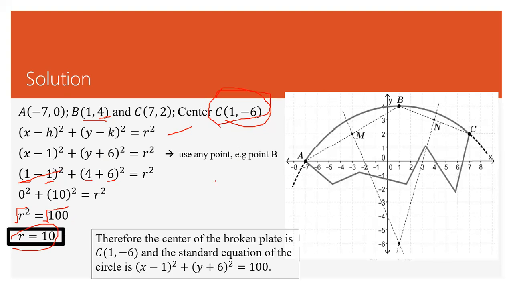So ang center is 1, negative 6, and radius is 10. So the standard equation of the circle is x minus 1 quantity squared plus y plus 6 quantity squared is equal to r squared, or 10 squared, or 100. It's equal to 100.